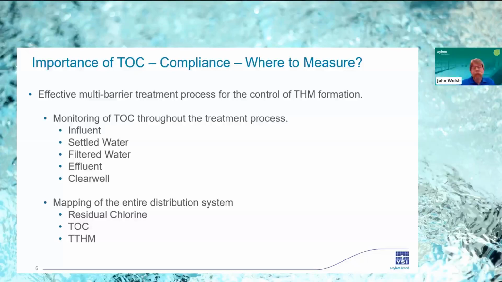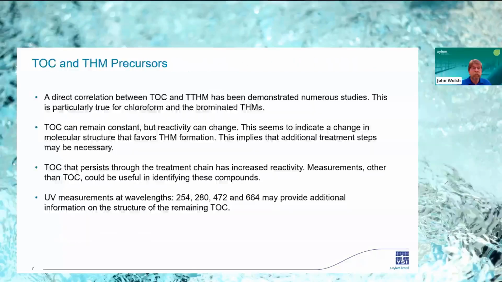In addition, the mapping of the distribution system should also include residual chlorine and total trihalomethanes. TOC and THM precursors. This is a topic recently that I've found remarkably interesting.